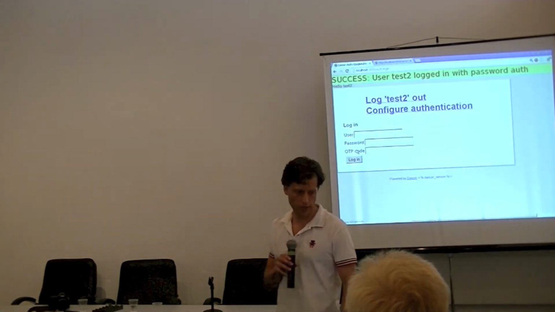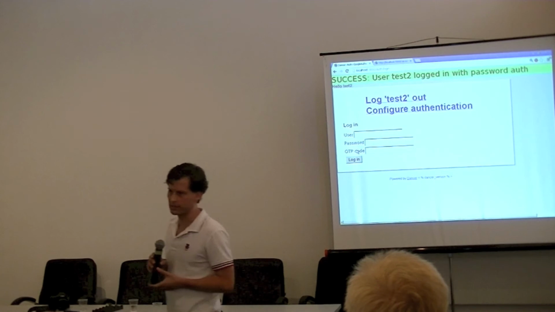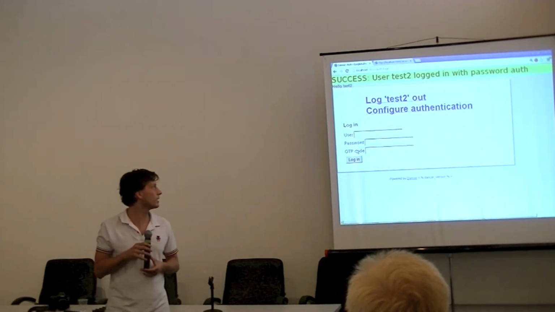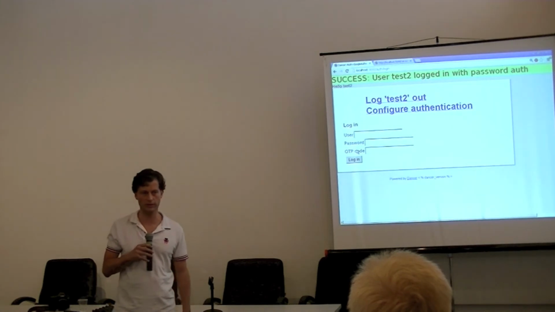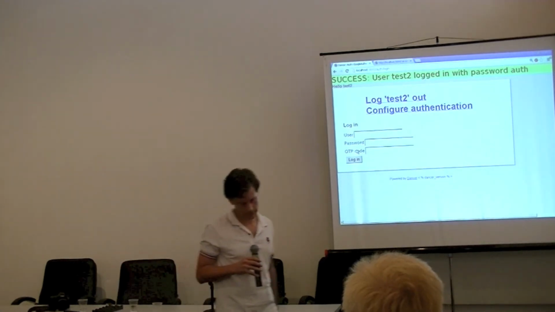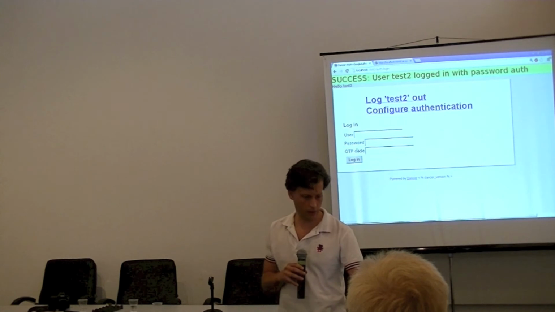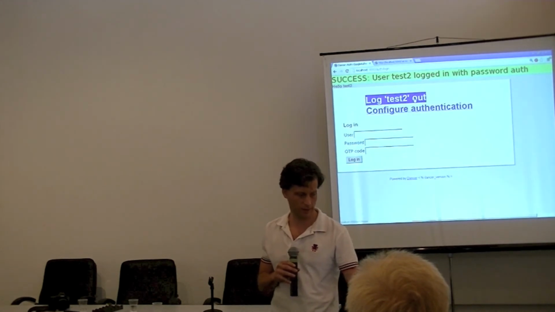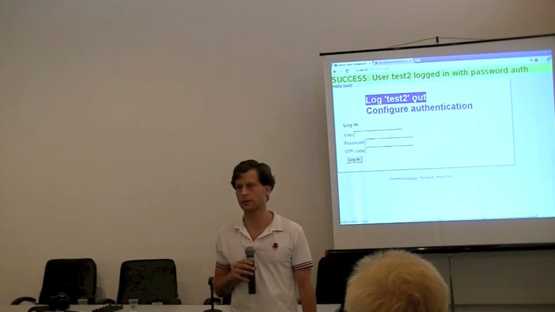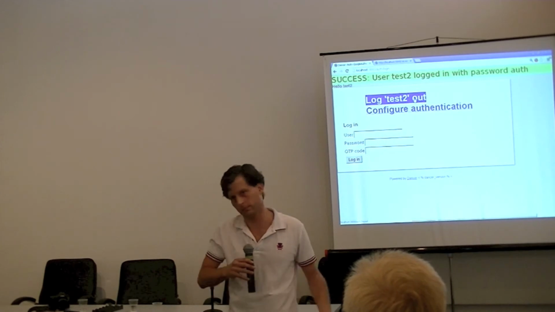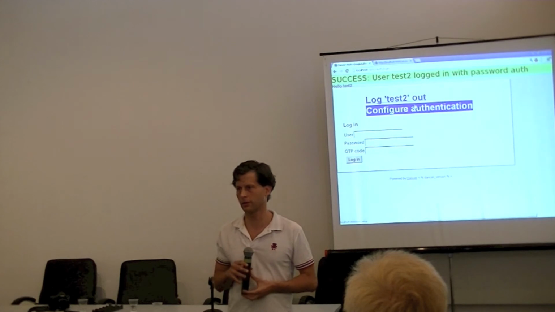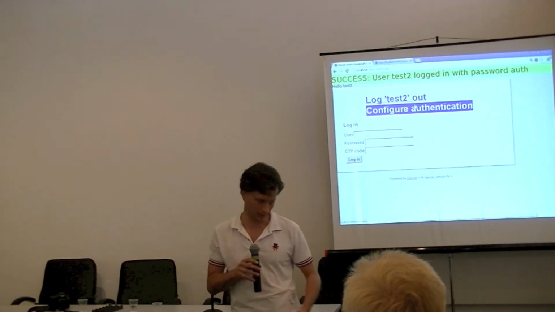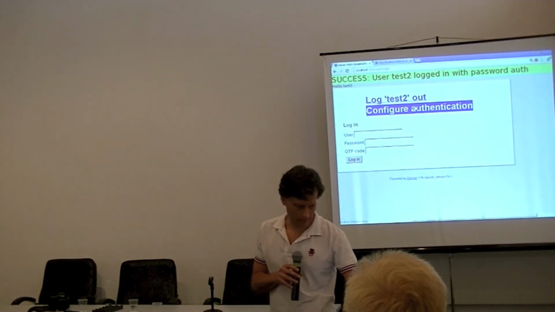So now if we log in, we see in big, friendly letters that we are now logged in as user test2. And the only 2 options available to us are either to log out again, which is not really useful, or to configure two-factor authentication. We'll do that now.